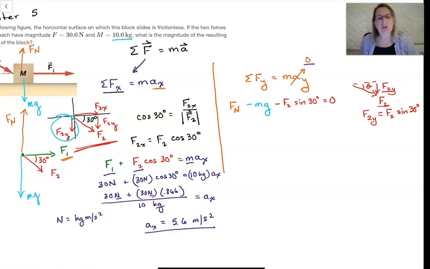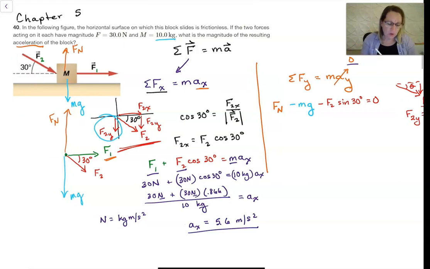What this allows us to do is actually find the normal force. The reason I wanted to do this is that it's a case where the normal force is not equal to the weight. It's actually a little bigger. So I need to make sure that I draw this just a little bit bigger than the weight, because it's got to account for the y component of this.